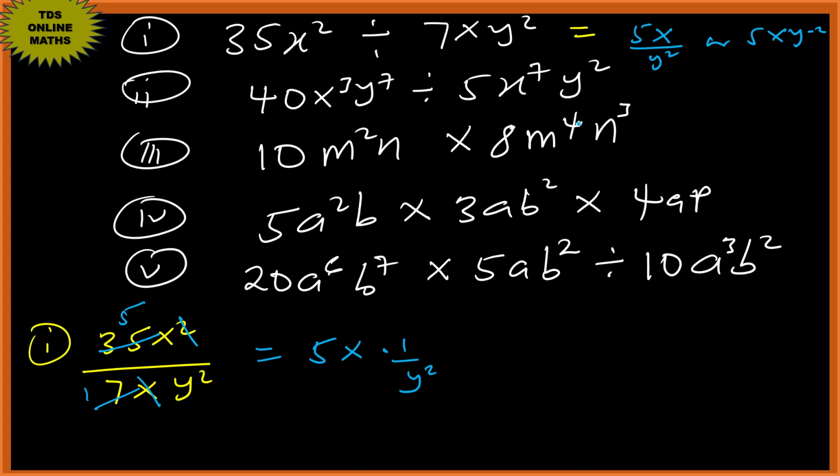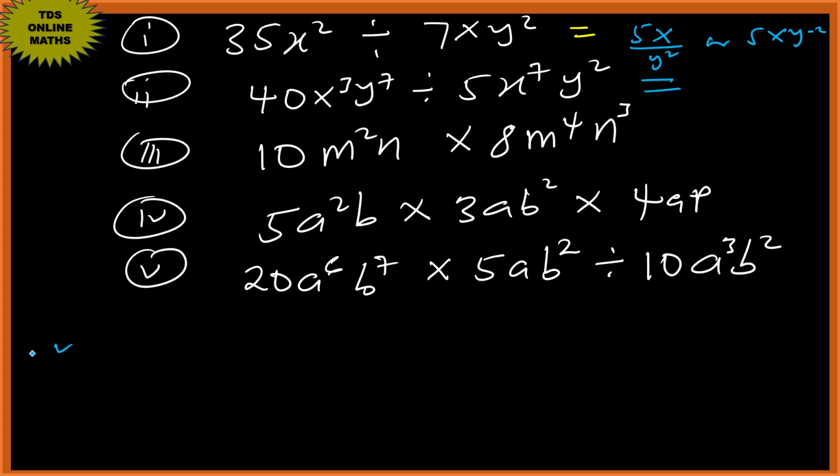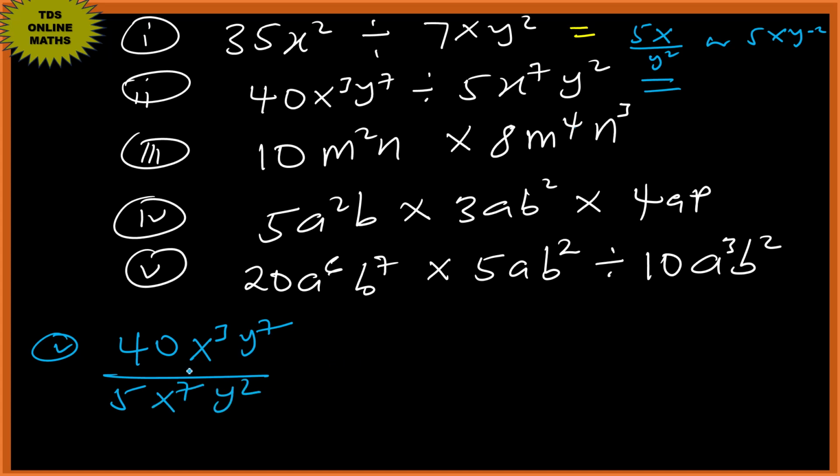So that's the answer. Example 2, we have 40x cubed y to the power 7 on 5x to the power 7 y squared. So 5 into 40 is 8. Now we have 3 here, 7 here, so we leave it 4. So x to the power 4. Then 2, 7, we have 5. So we have y to the power 5.